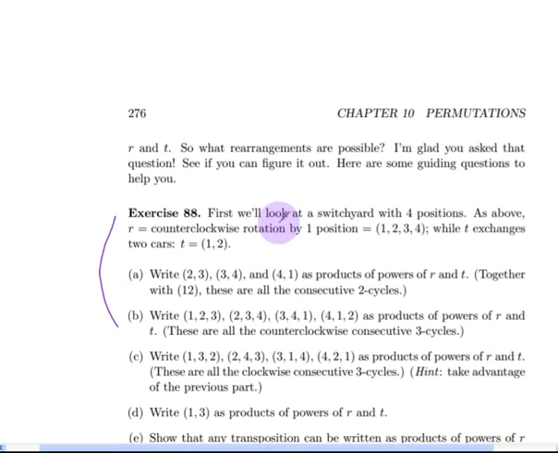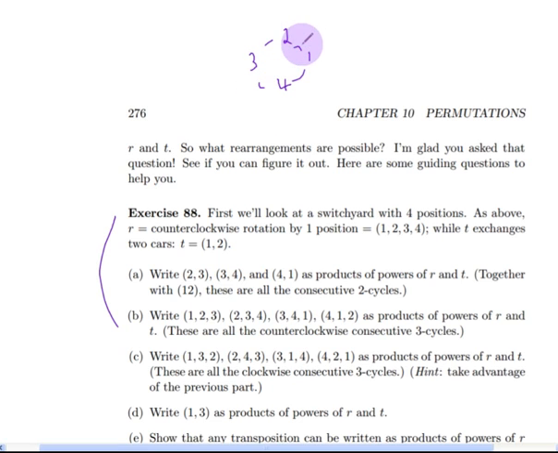Now let's take a look at one of these. I'm calling the rotation (1 2 3 4) by R, and the exchange is (1 2). Now how would you write (2 3)? Let's look at the cycle here: 1, 2, 3, 4.